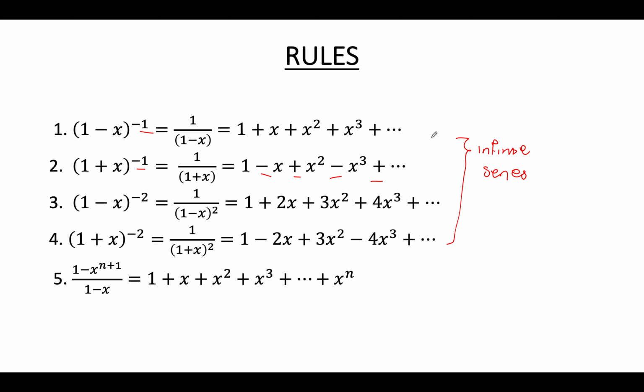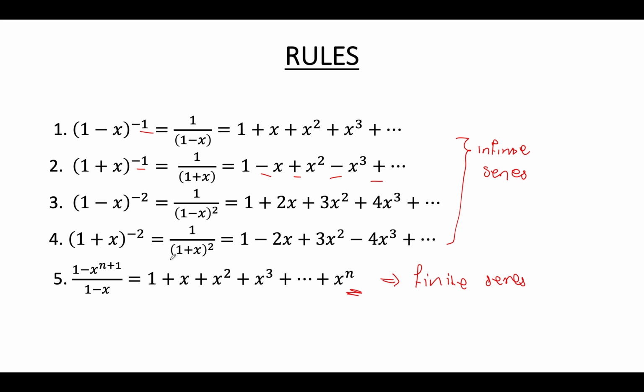The last rule, or the 5th rule, says that (1 minus x to the power n plus 1) over (1 minus x) is equal to 1 plus x plus x squared plus x cubed until x to the power n, which we call the finite series. So it produces a limited number of terms in the sequence. Okay? Now what we have to do is use those rules in order to find the generating function of a sequence or a closed form.